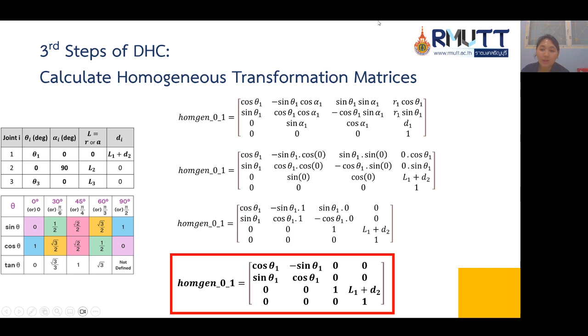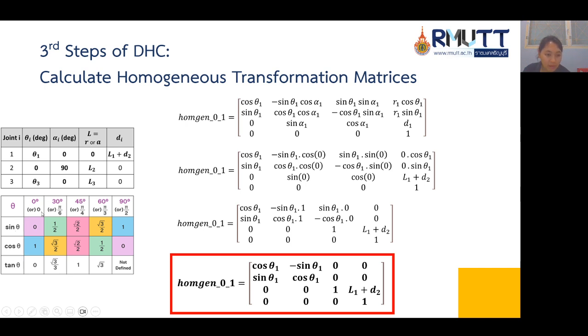After that, I use that matrix equation to calculate my 3DOF arm robot from the DH parameter table, like shown in this picture, and also by using the trigonometry table.